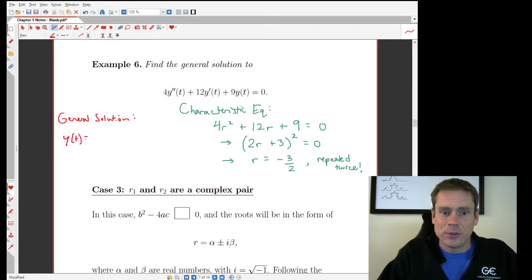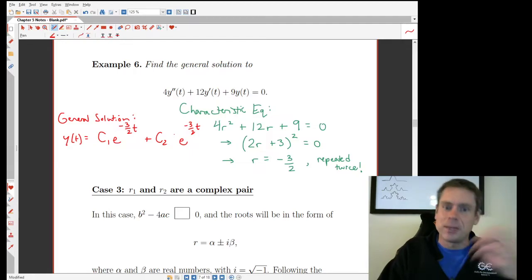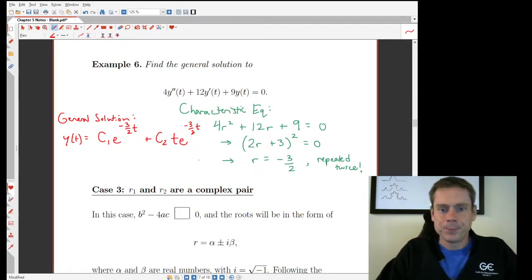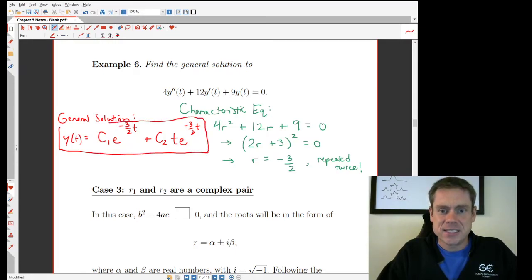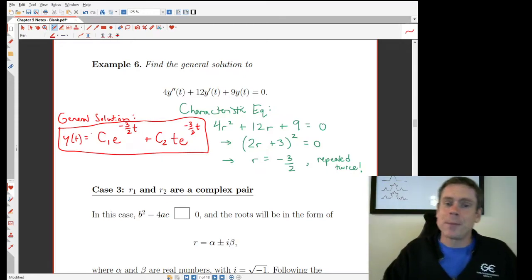So we have y of t equals c1 times e to the minus 3 halves t, and then plus c2 times e to the minus 3 halves t, but then you're like, oh wait, repeated, it needs to be multiplied by an extra t, just like that. So we get a constant times an exponential, and then a constant times t times an exponential. And that, in combination, will make up our general solution.